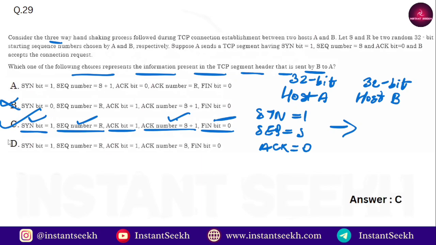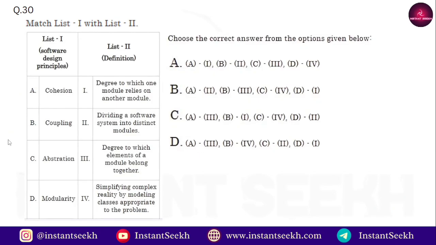Let's move on to the next. Next we have software design principles and their definitions: cohesion, coupling, abstraction, and modularity. Let's start with the simplest elimination technique. What is abstraction?